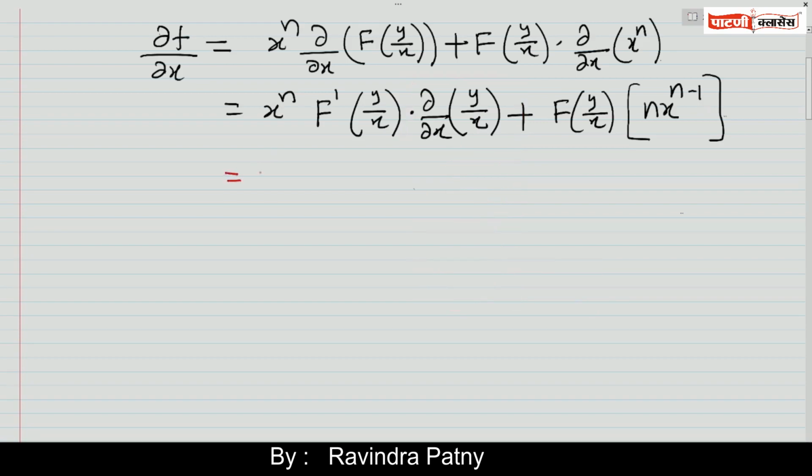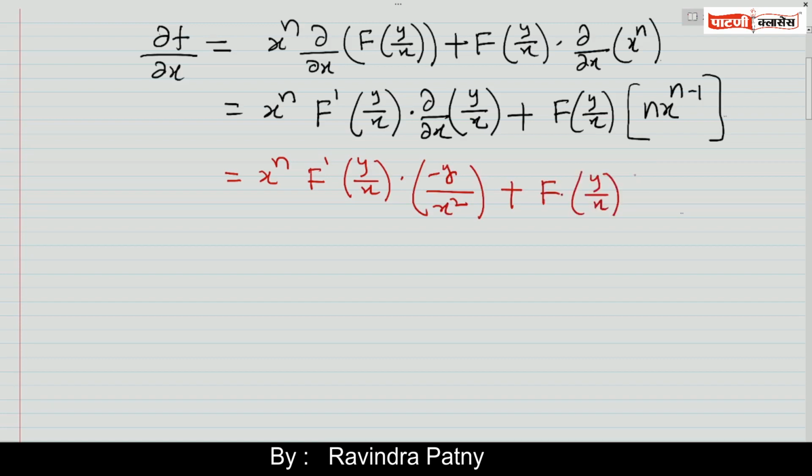Therefore, next step: x raised to n f dash of y upon x into minus y upon x square plus f of y upon x into n x raised to n minus 1.